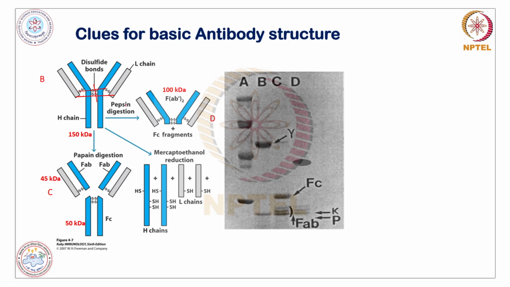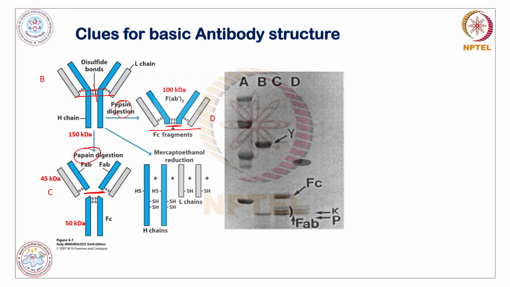When they digested it with the pepsin enzyme, they observed different fragments of antibody, because pepsin cuts below the hinge region. That is, it cuts here. So they have the upper portion and the lower chains of the antibody. And when they digested with papain, it cuts above the hinge region, so they have different chains of the antibody.